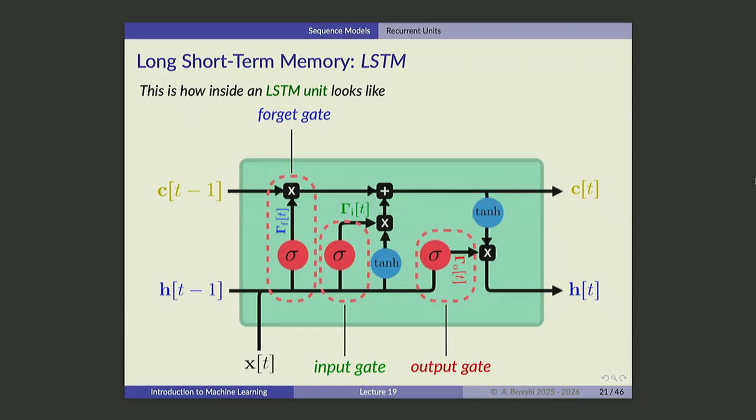He was a master's student at TU Munich, and he did his master thesis. He wanted to do sequence processing and came up with this idea. I guess he didn't even call it gating, like by adding these modules, you can somehow expand the memory. And then he defended his master thesis, did his PhD, became a professor, had his own PhD students, and so on.